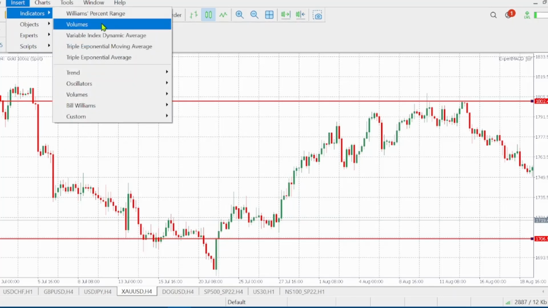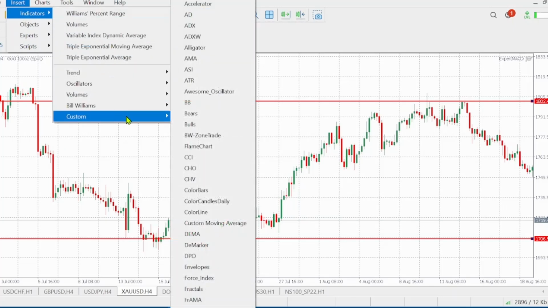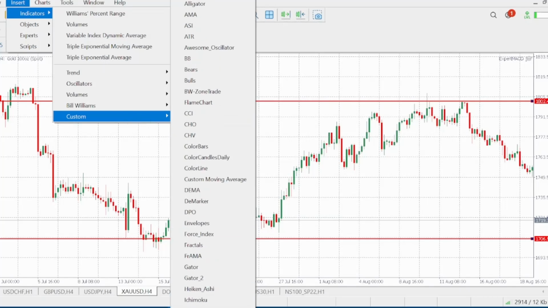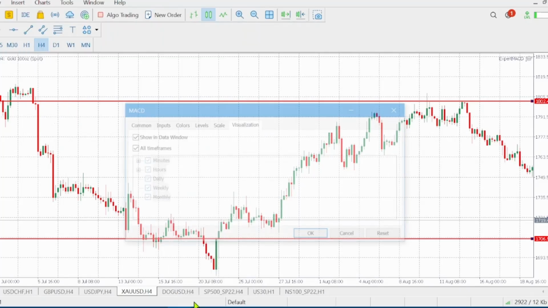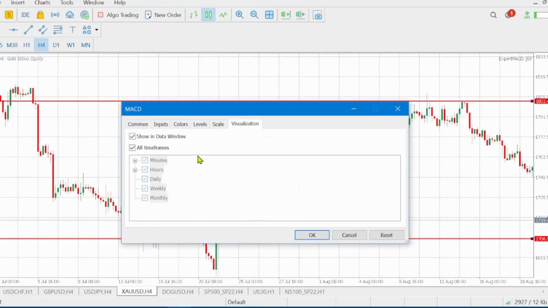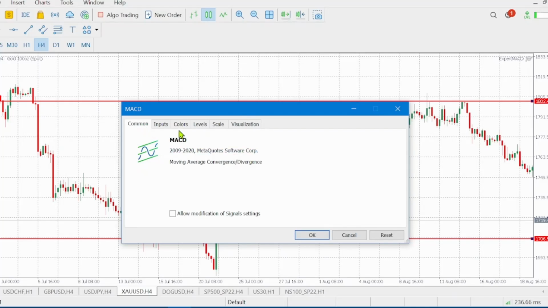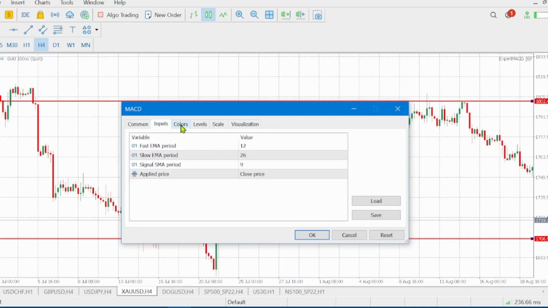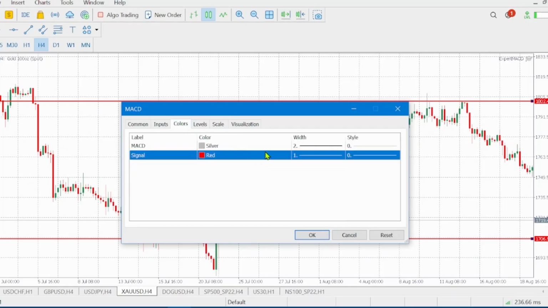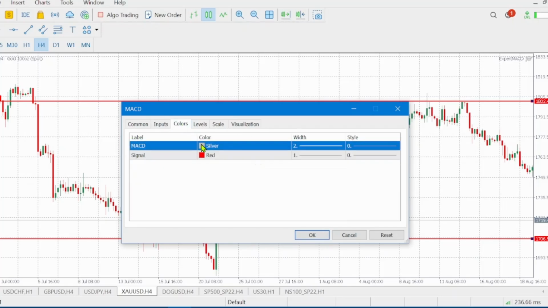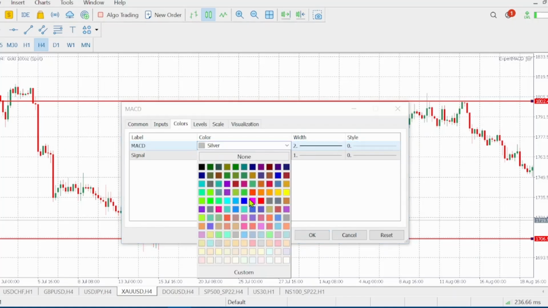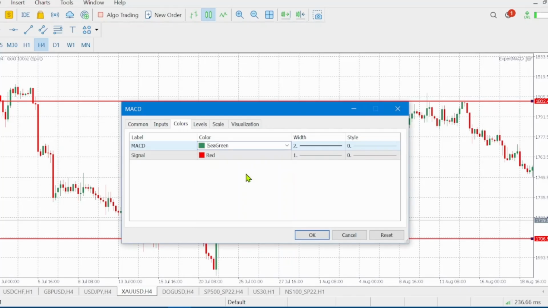Let's play with these settings here. Inputs should be left the way they are. For the MACD indicator, let's change this color to green.